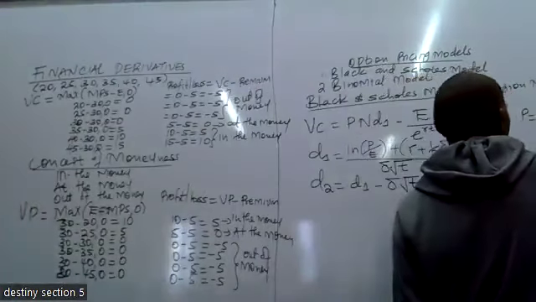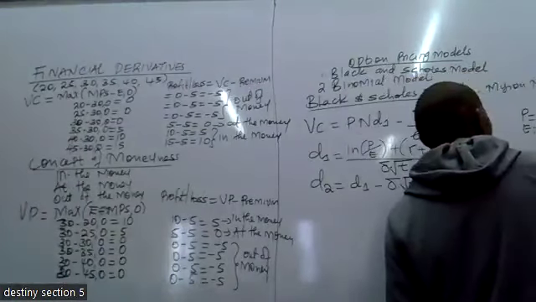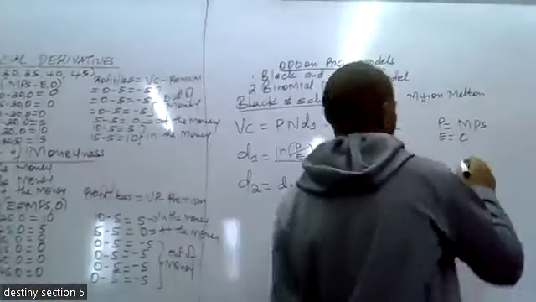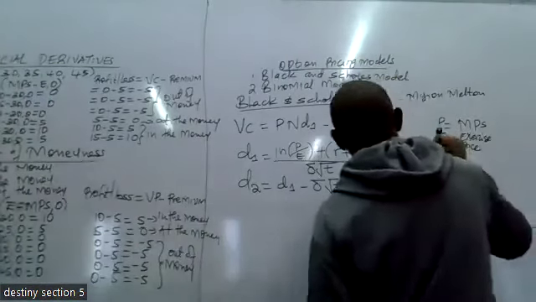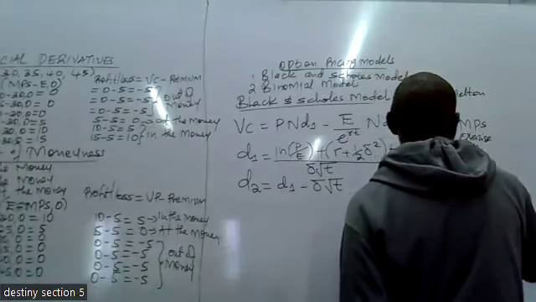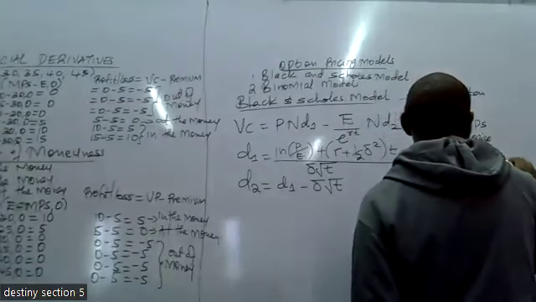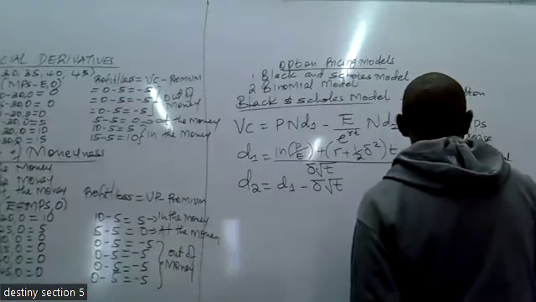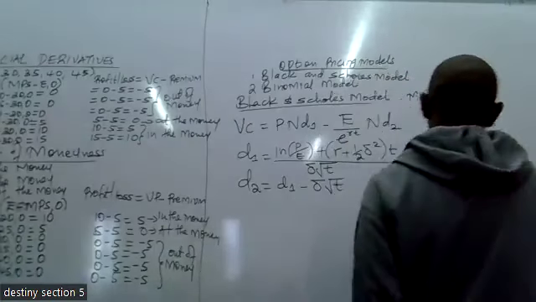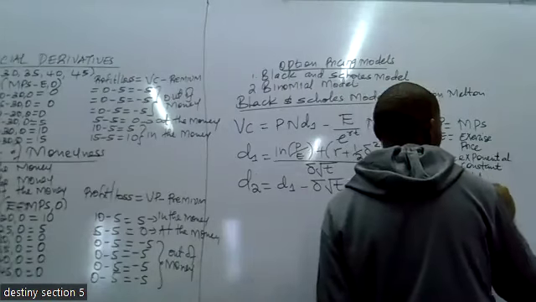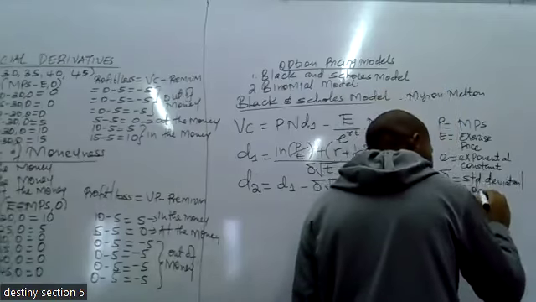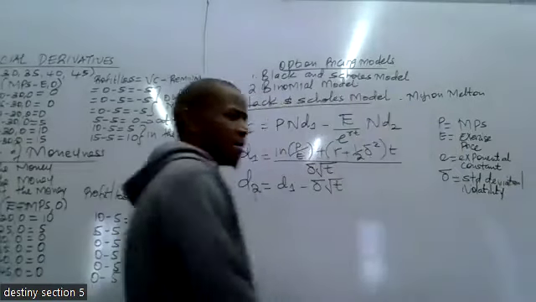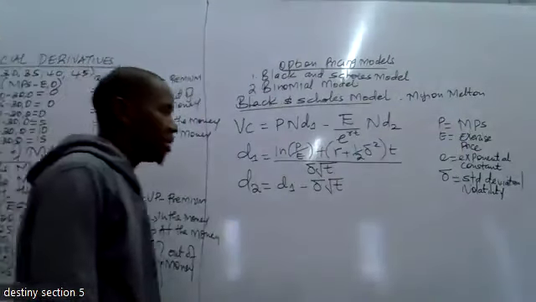So P here is the price, E is the exercise price, e is the exponential constant, and this is the standard deviation, which in some cases we talk of as the volatility.